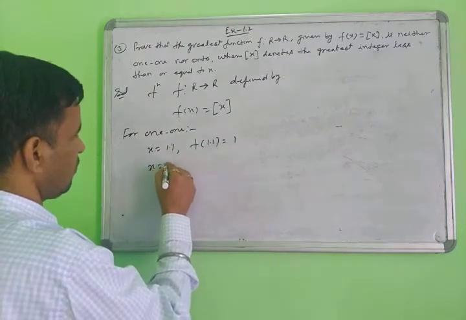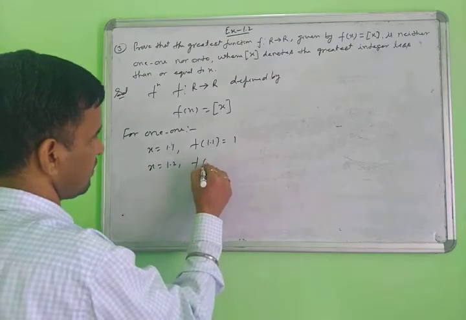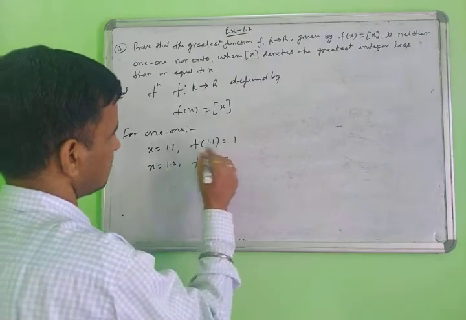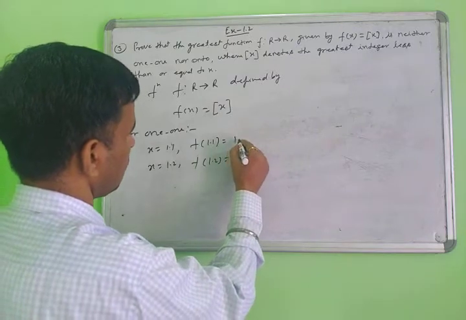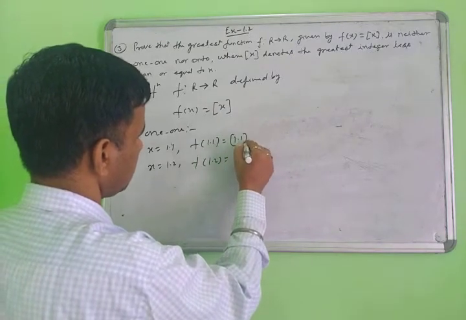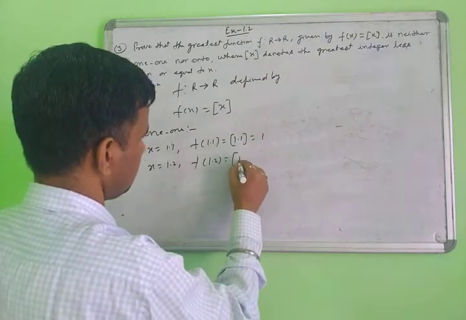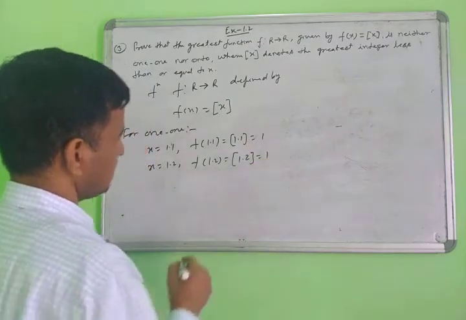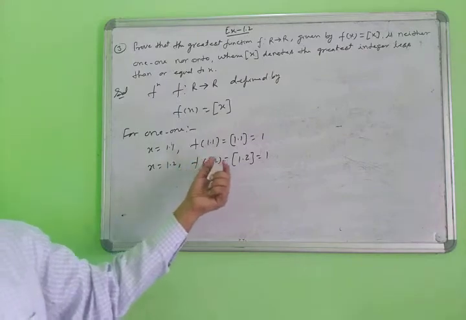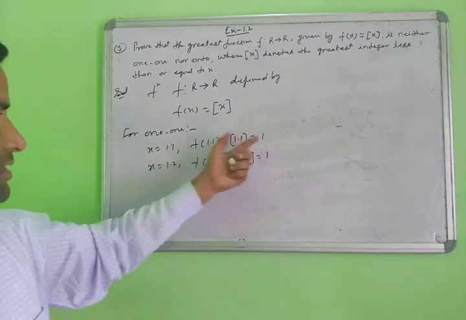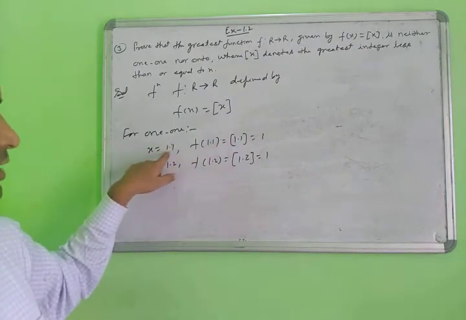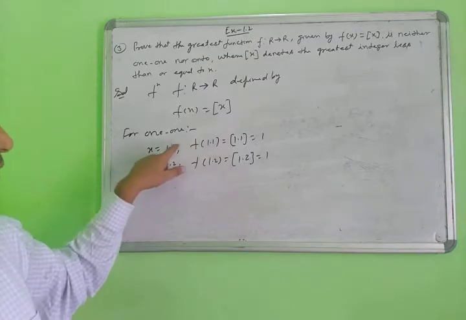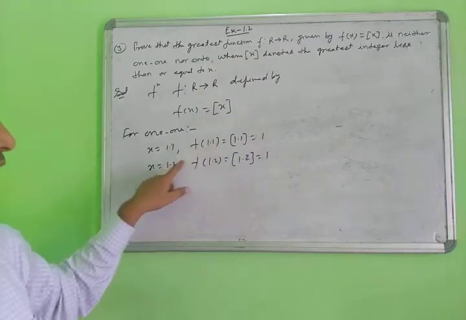Same here, for 1.2, what value comes? 1. The result is 1. It means negative order is not required; all positive numbers behave the same. The image of 1.1 is 1, and the image of 1.2 is also 1.